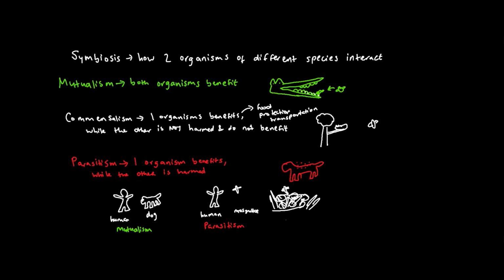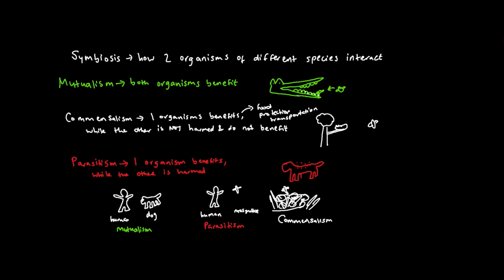And lastly, we have a goby fish that lives on a coral. This is an example of commensalism because the goby fish benefits by getting protection from the coral.